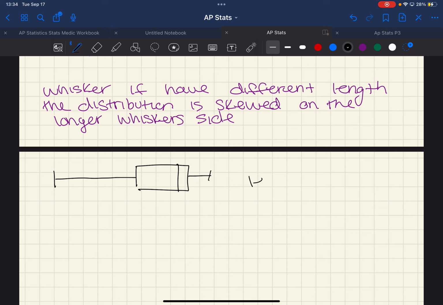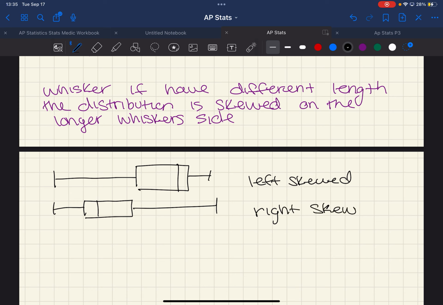This one is left skewed. And then we have a shorter whisker, our quartile, and then a longer whisker here. This one is right skewed. And if the whiskers are about the same length, then there's no skew.